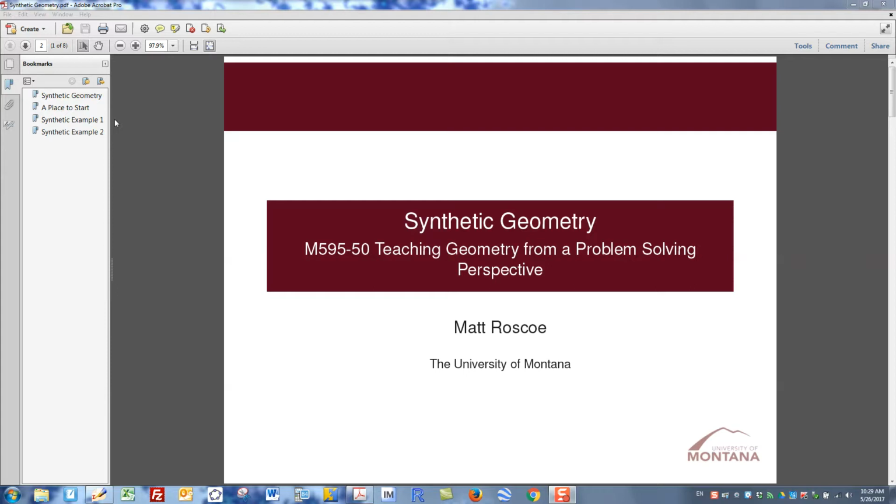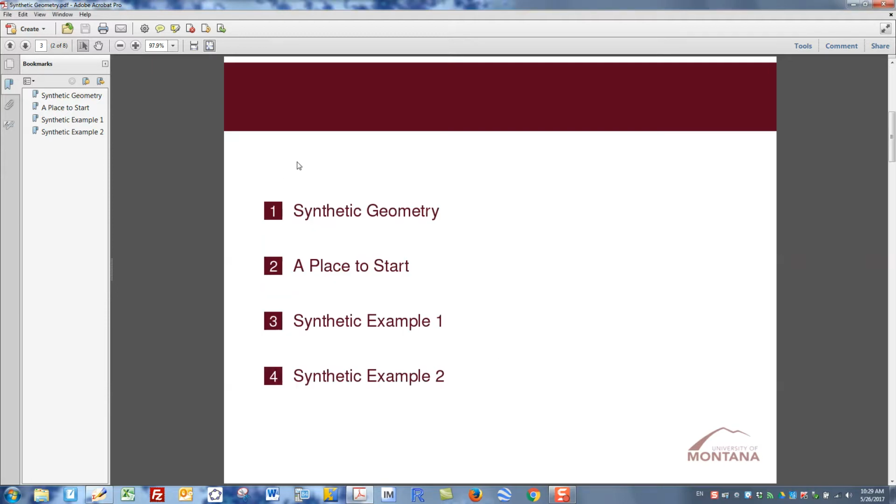So let's talk about where we're going to go. I'd like to review what synthetic geometry is. We introduced that the first week, but I'll put that definition up again this week. And then what I'd like to do is give us a place to start by identifying some definitions and theorems that I think most of you will be familiar with, so that we can get someplace in the lecture.